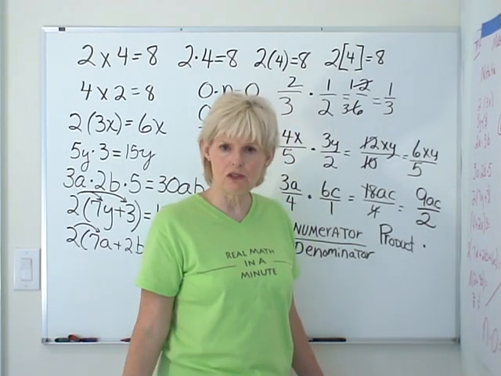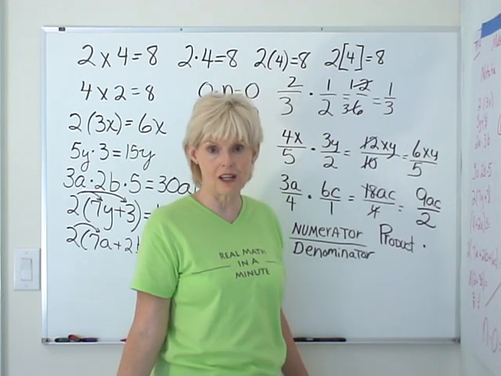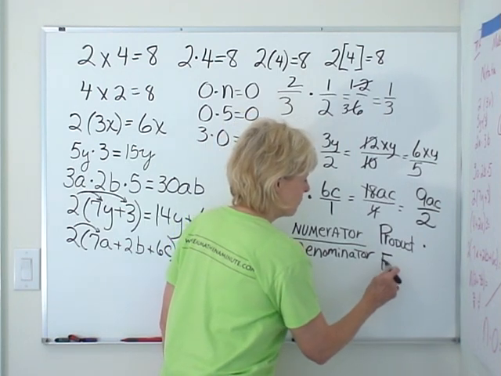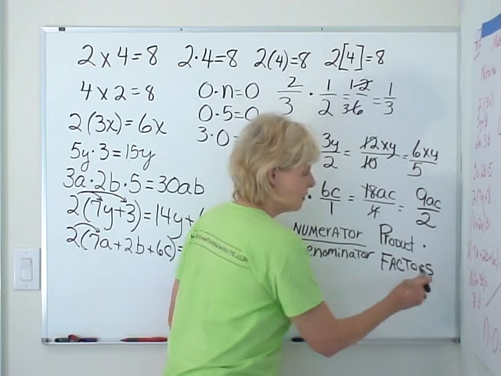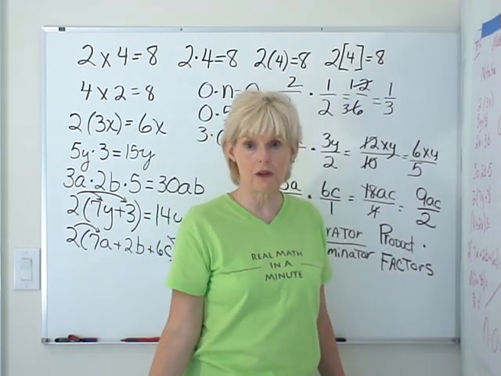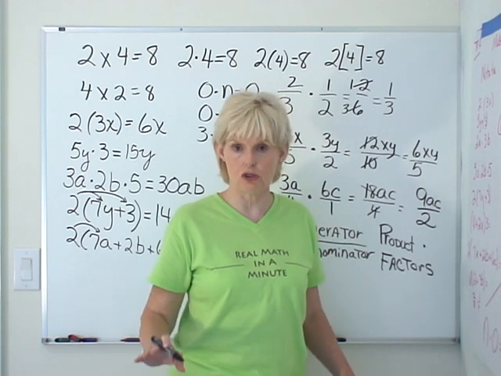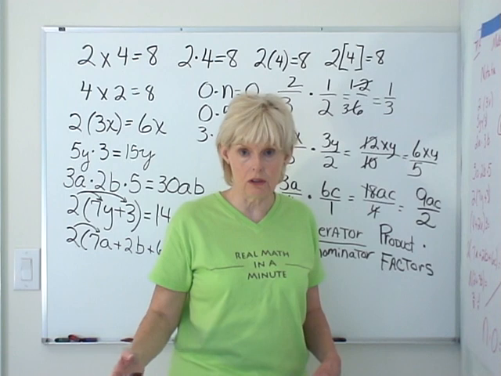The other word I want you to know in this segment for the sake of future work that we'll be doing together is the word factors. Yeah, you did use it in arithmetic. You're probably thinking that. Factors are whatever it was that you multiplied together. Product is your solution.